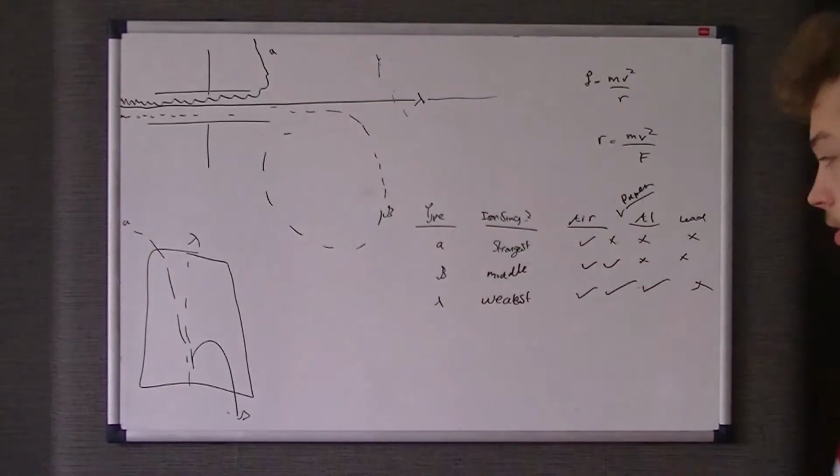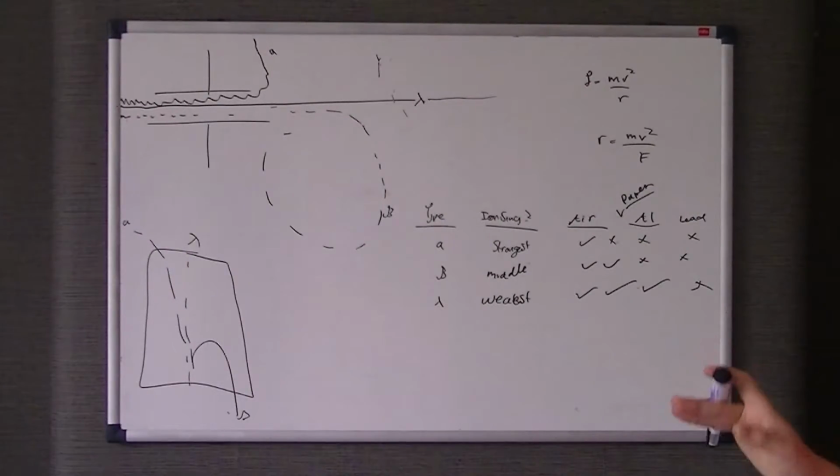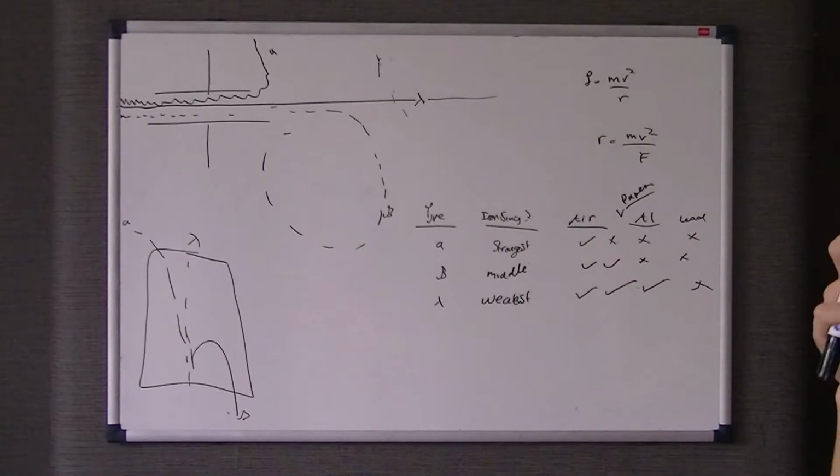All right, so just remember that alpha is the strongest, beta is the middle, and gamma is the weakest. You could do it in terms of the alphabet, if you wanted to. The closer the letter is to the start of the alphabet, the more ionising it is.